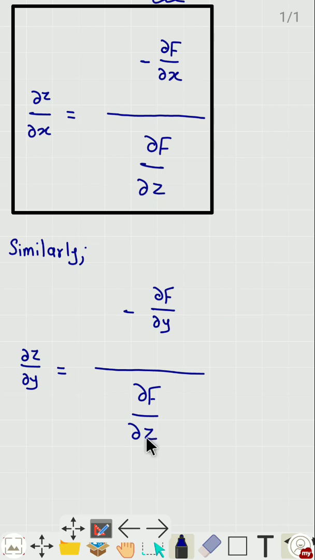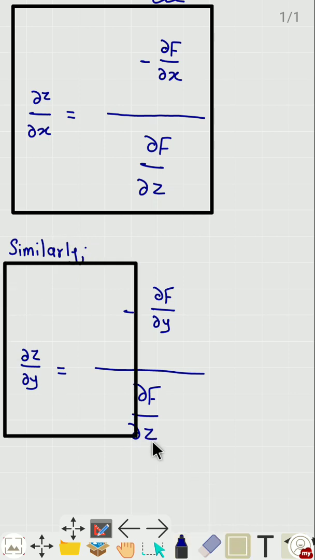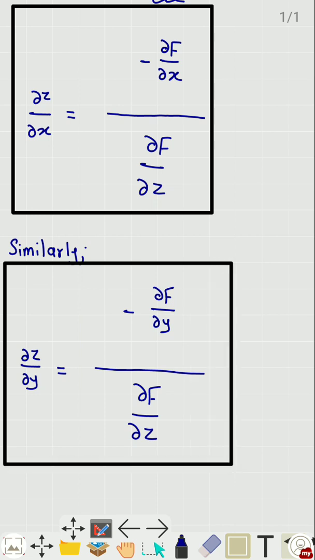So these are the two formulas to find the partial derivatives of a given function if we can write it in implicit form.